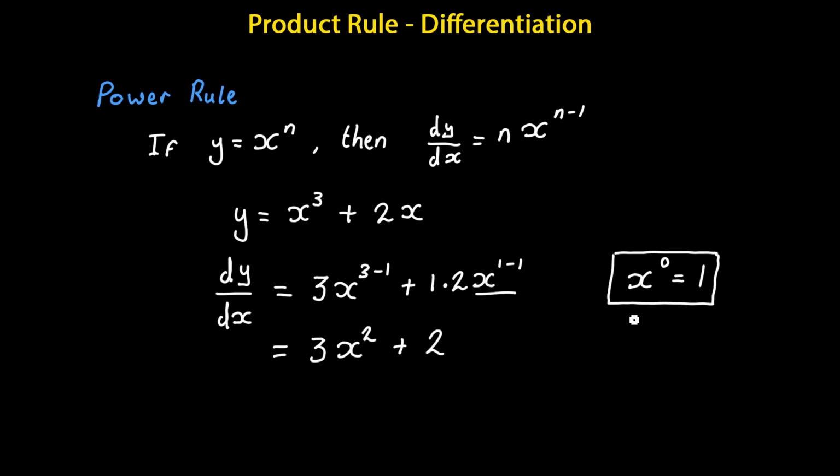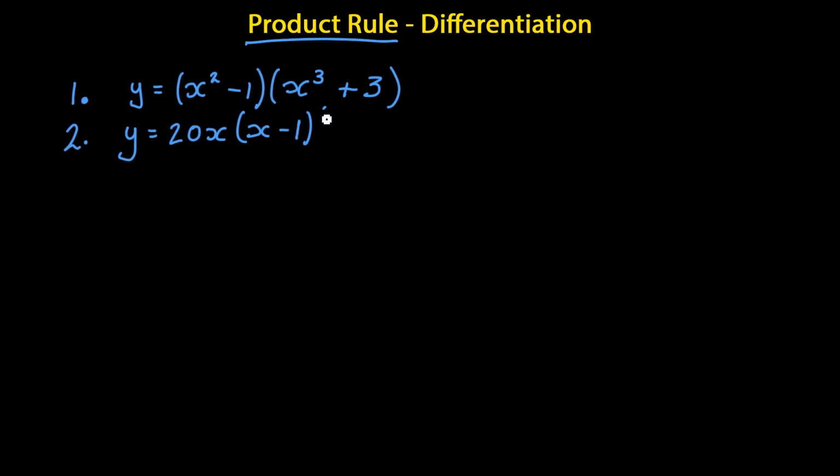Okay, so we've covered the power rule. What about the product rule? So the product rule helps us find the derivative of more complex functions. So for example, like these two here. Now these types of equations can be written in the form of y equals u multiplied by v, where u and v are both functions of x.